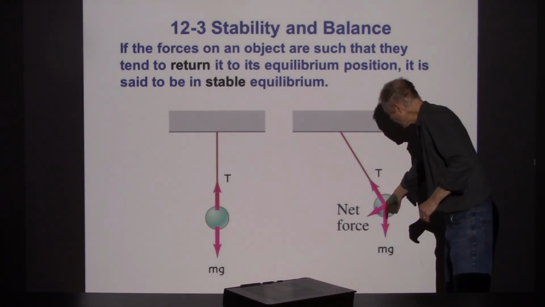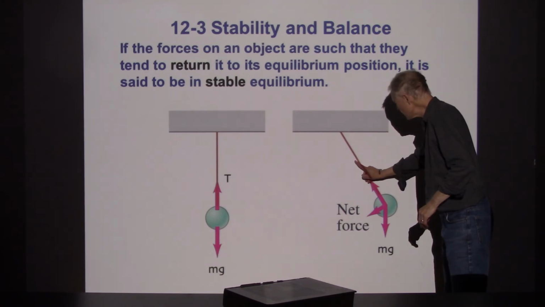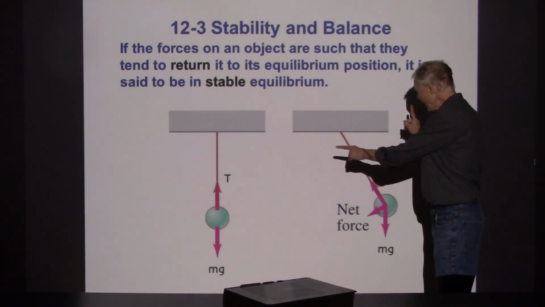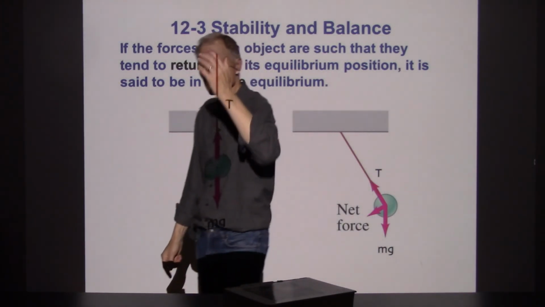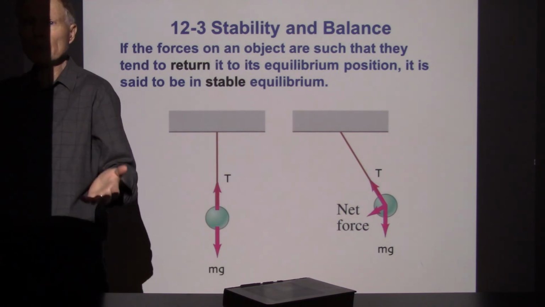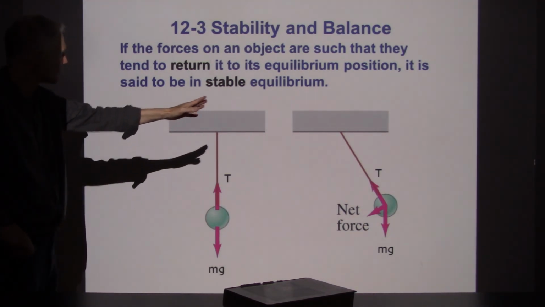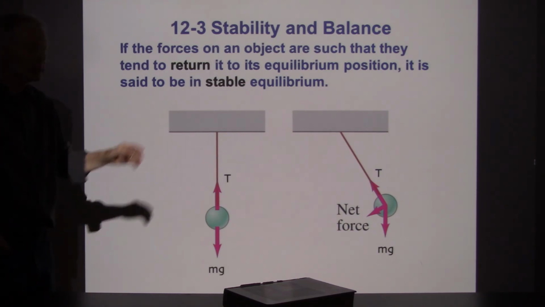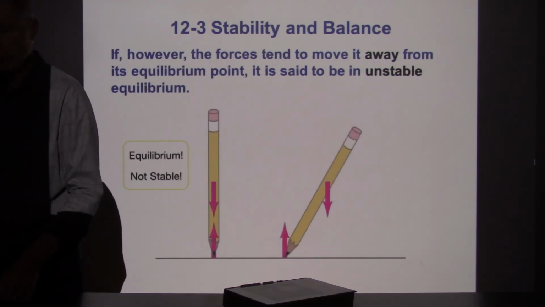Gravity continues to be downwards, but the tension is going to be both vertical and sideways. So there's going to be a net force that tends to bring it back to that equilibrium point. The equilibrium point is the left picture, and if it tips a little bit to one side or the other, it returns, and that's considered a stable equilibrium.